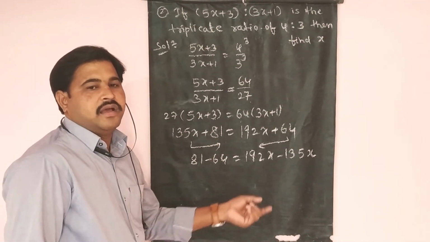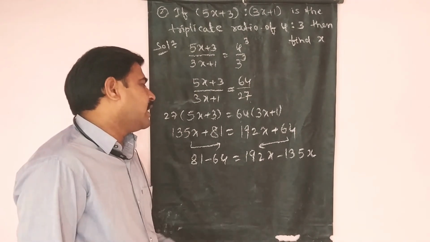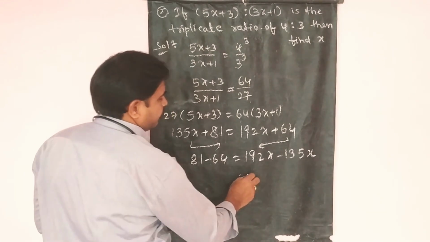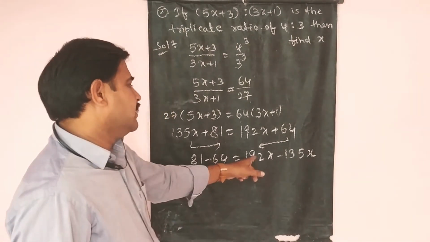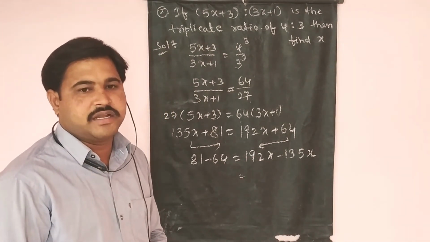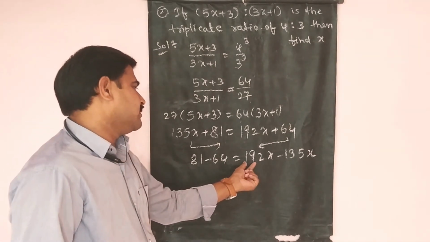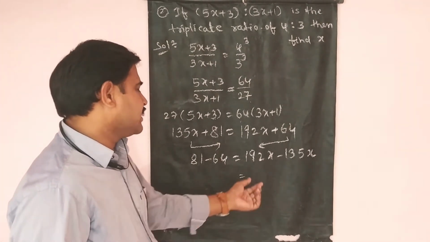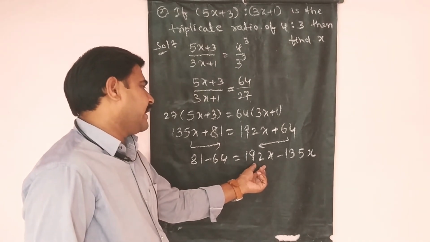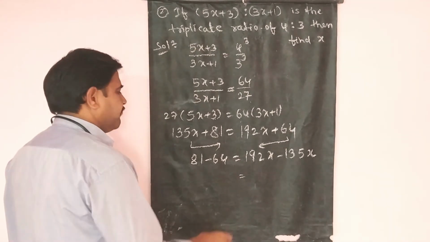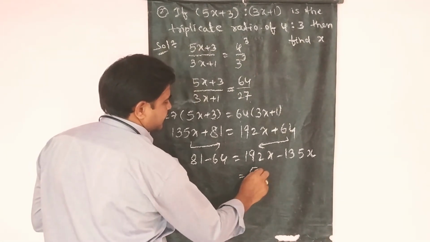Subtraction: 192 minus 135 is 57, so we get 57x on the RHS side.